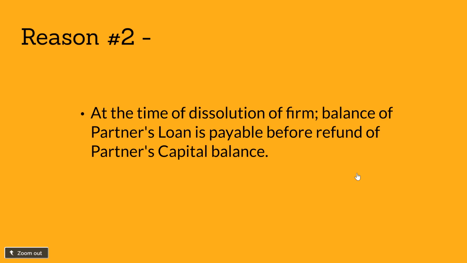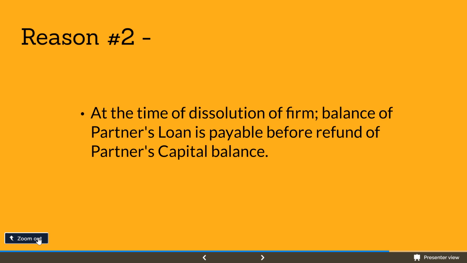So the interest on loan has to be added to the partner's loan and given second priority. If it's transferred to the credit of the partner's capital account, it will be given third priority, which is not okay. That is why the interest on loan is credited to the partner's loan account and not to the partner's capital account.